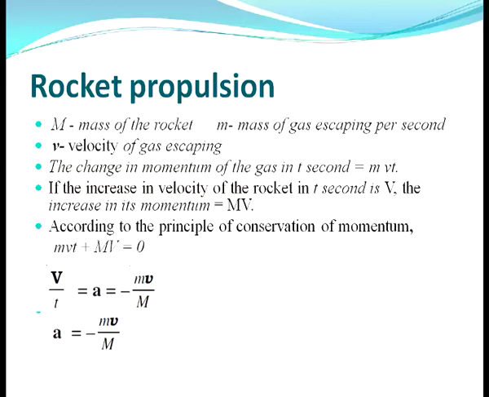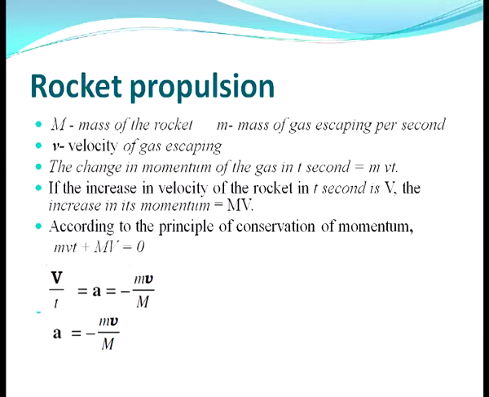So, according to the principle of conservation of momentum, the final total momentum should be equal to the initial total momentum. So, that is mvt plus MV equal to 0, as before rocket propulsion it was at rest and the total momentum of the system was 0. So, now also the total momentum should be equal to 0.